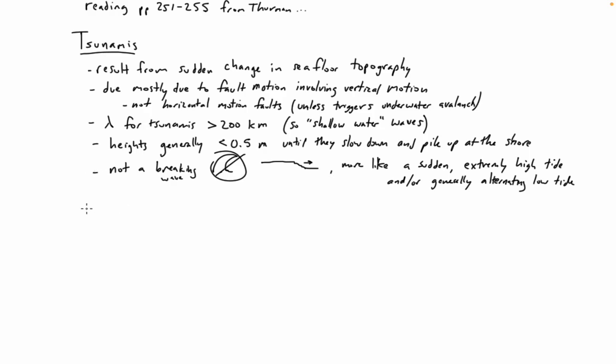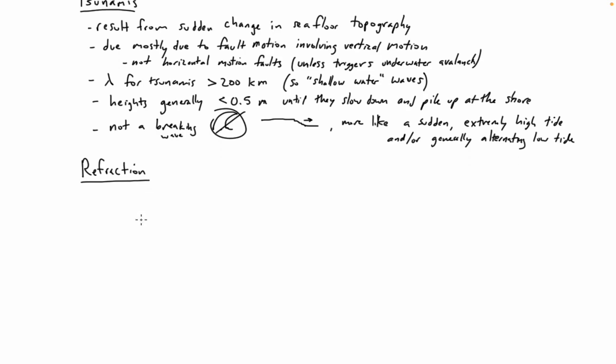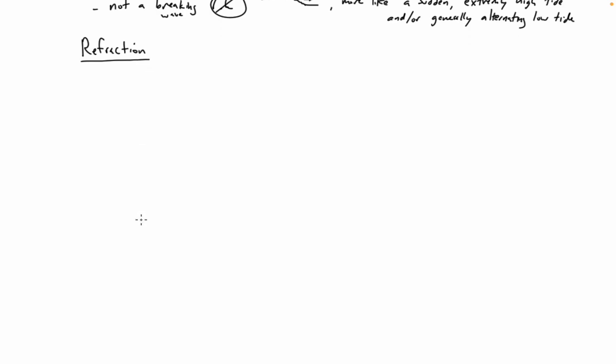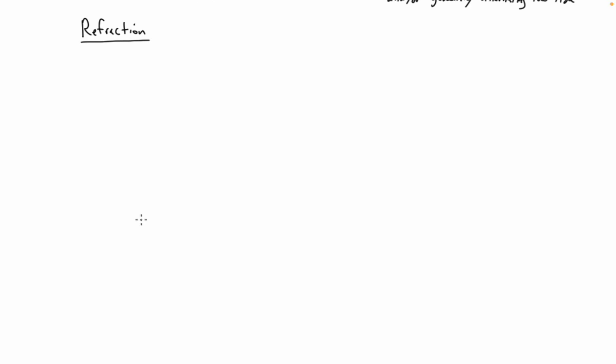So the next topic is refraction, and that's a topic that is relevant for water waves and all the other waves as well. We'll start by describing the process, and then I'll give some examples of how it applies, what the significance of it is for water waves and seismic waves.